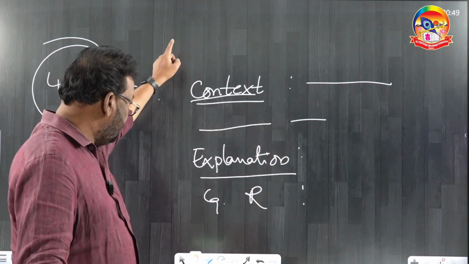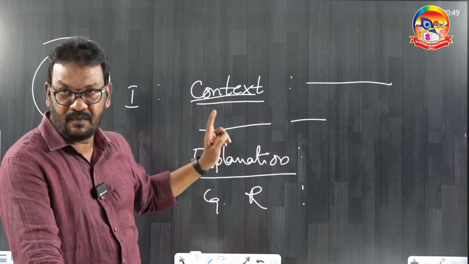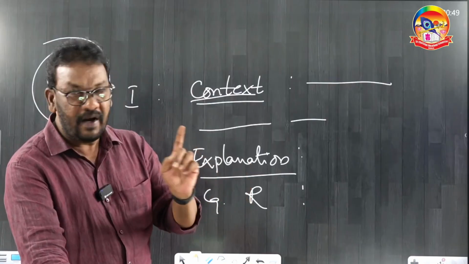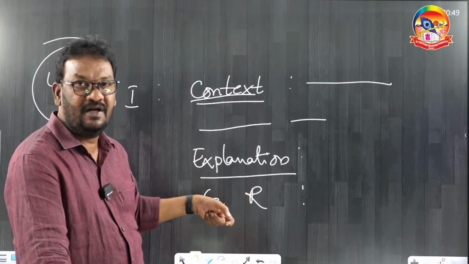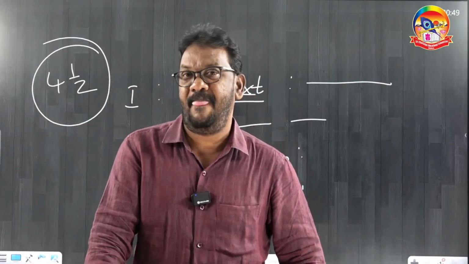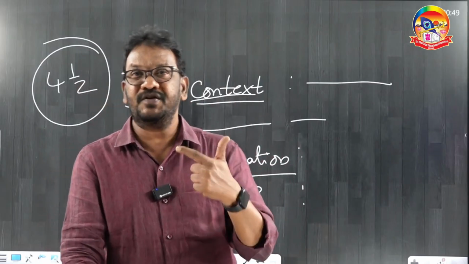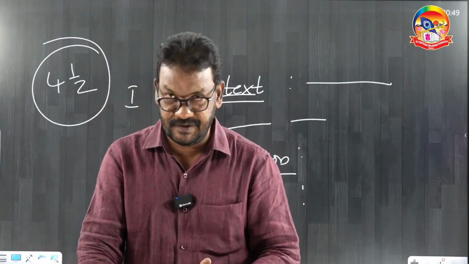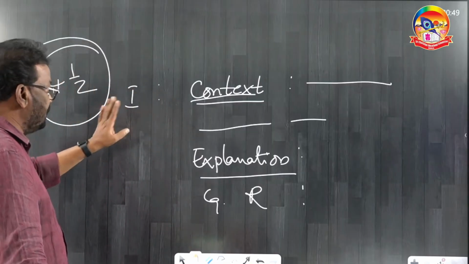For all annotations, write 4 mark questions in 1.5 pages each, and the essay question at least you should present in 3 pages. Essay in 3 pages, annotation in 1.5 pages, and short questions in 1.5 pages. Then only you will be able to score maximum.